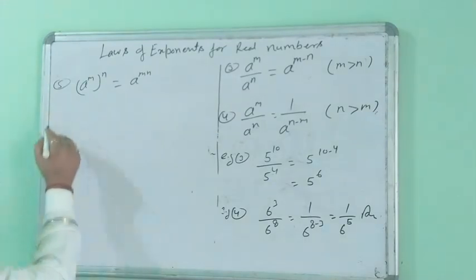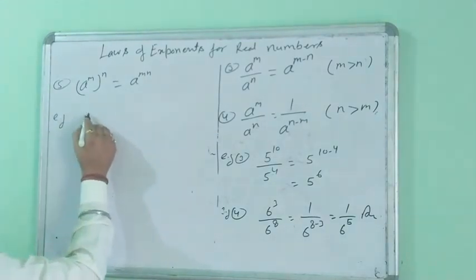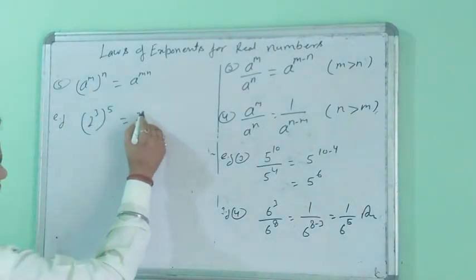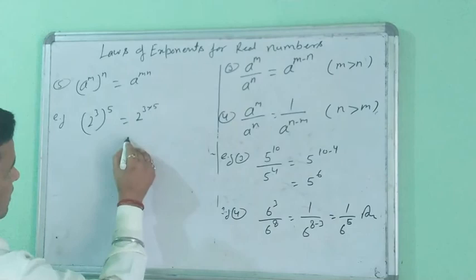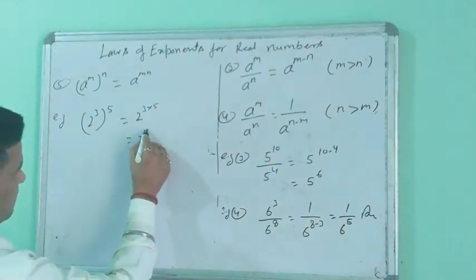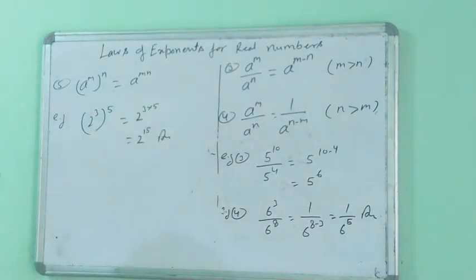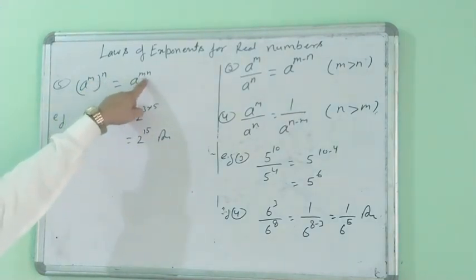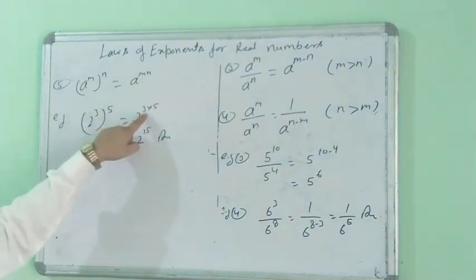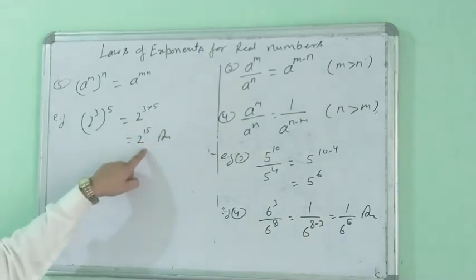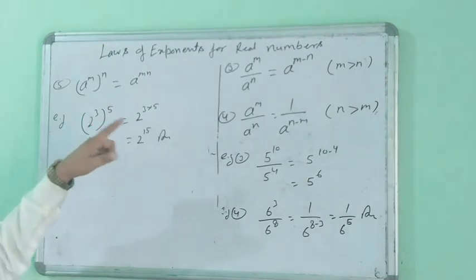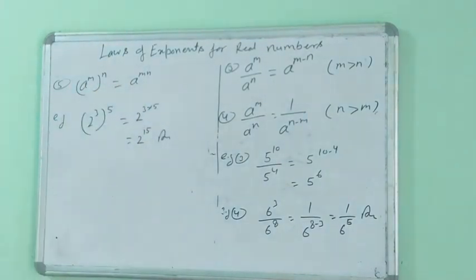For example, 2 exponent 3 outside is 5, then you can write 2 exponent 3 into 5. What will come? 2 exponent 15. Here m into n is 3 into 5, 15. This is your answer. This is rule number 5th. First, second, third, fourth are completed, and this is rule number 5th. Just note it down.